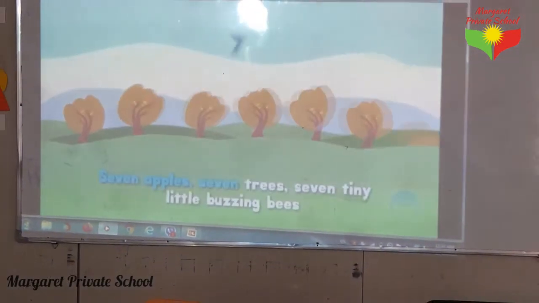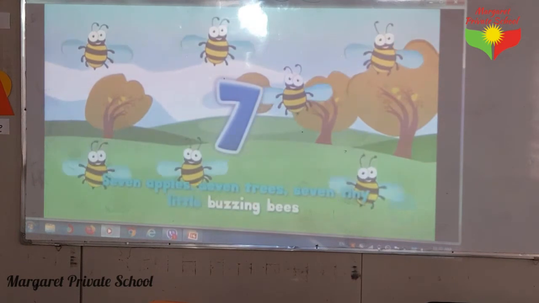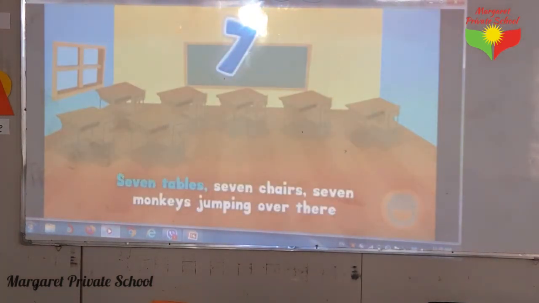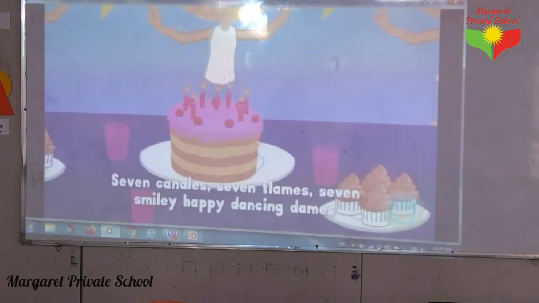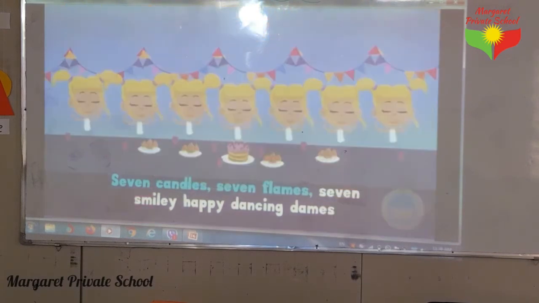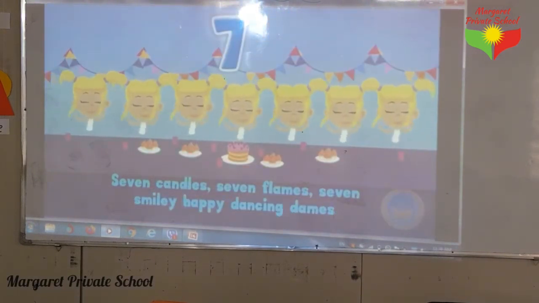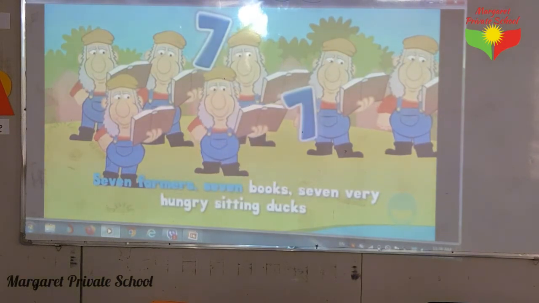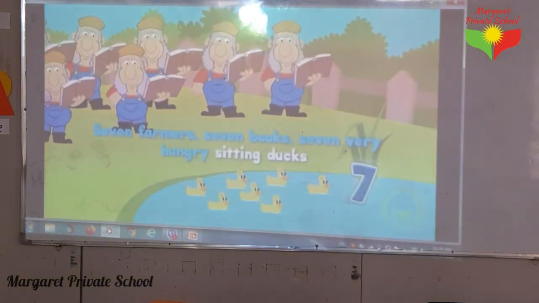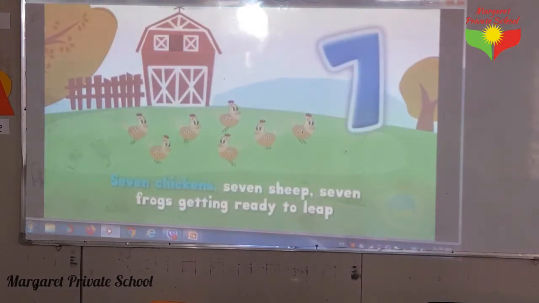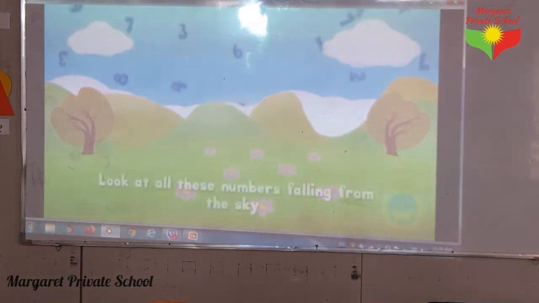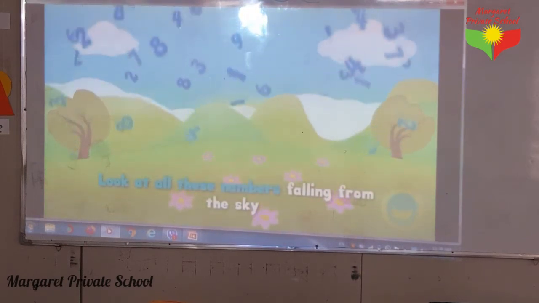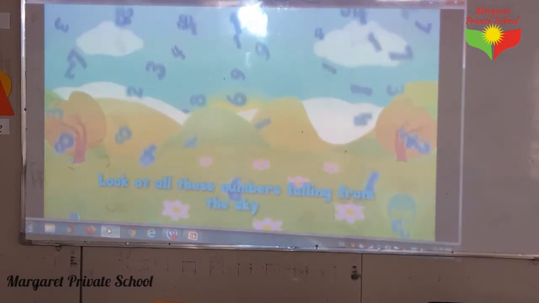Seven apples, 7 trees, 7 tiny little buzzing bees, 7 tables, 7 chairs, 7 monkeys jumping over there, 7 candles, 7 flames, 7 smiley happy dancing dames, 7 farmers, 7 books, 7 very hungry sitting ducks, 7 chickens, 7 sheep, 7 frogs getting ready to leap. Look at all these numbers falling from the sky.